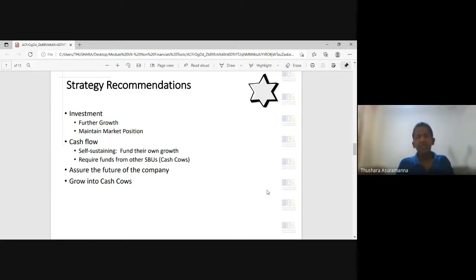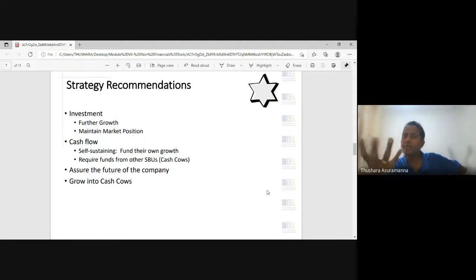So this slide is a bit important. I'm sure that these things may not be tested, and I am sharing this just for your understanding, because so far I haven't seen any questions from the BCG matrix or the product life cycle. The other 3 have been tested comprehensively, but it's important, since we are in the non-financial tools, that you also can learn some more.